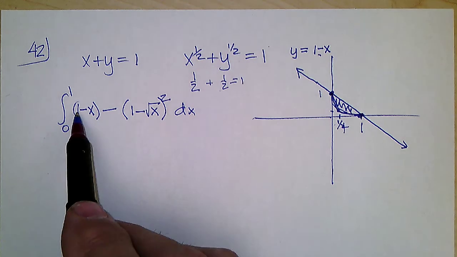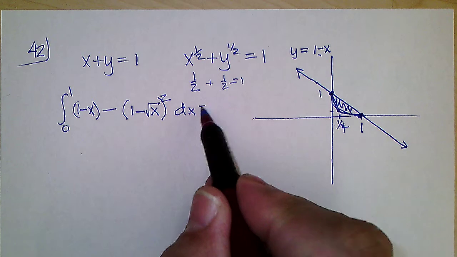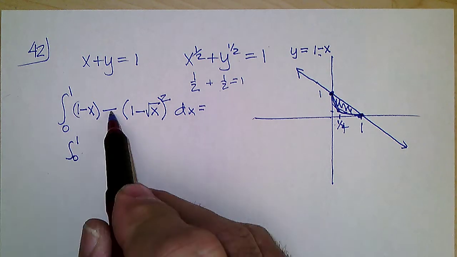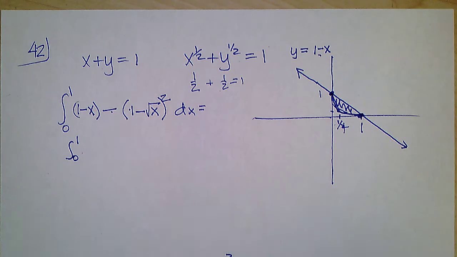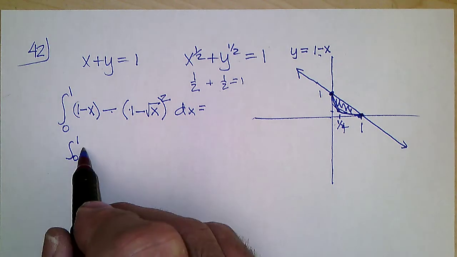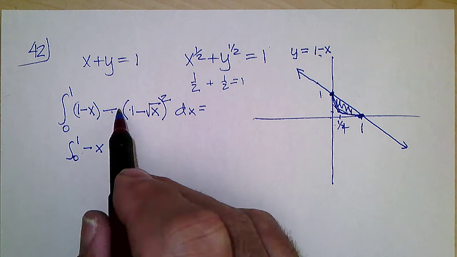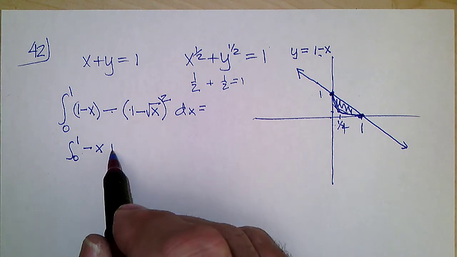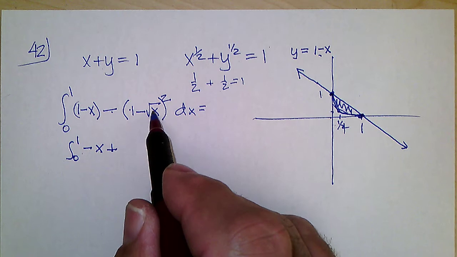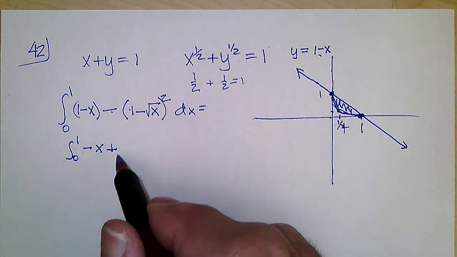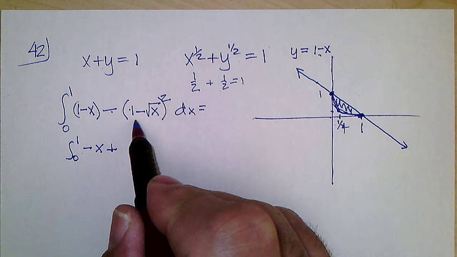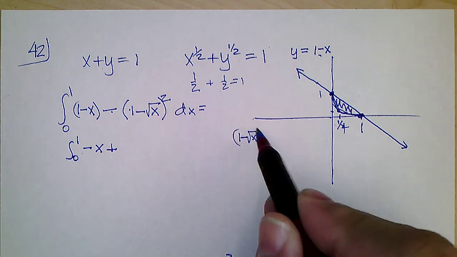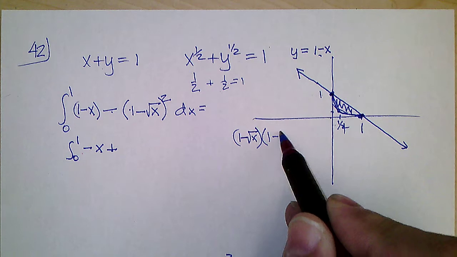Well, we can do a little simplifying here. So that'd be the integral from 0 to 1 of 1 minus 1 is 0. So that's gone. We'd have minus x, and then minus a minus, which would be plus this quantity squared. Let's square this quantity: 1 minus the square root of x times 1 minus the square root of x.